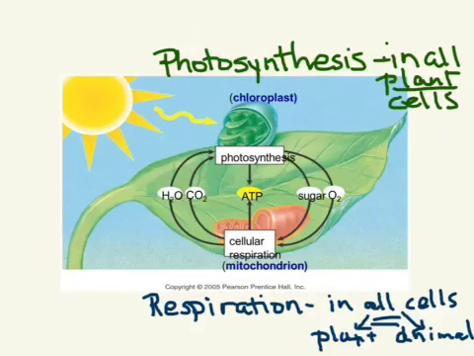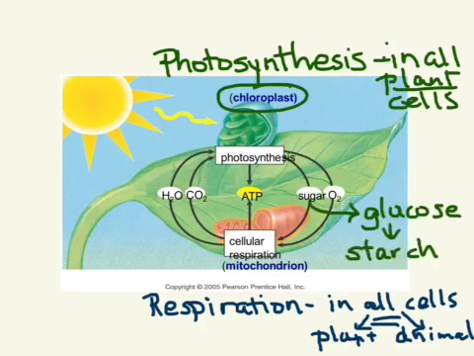So, photosynthesis takes place in all plant cells within the chloroplast, and it makes a sugar that's called glucose. That is a form of starch, and it also gives off oxygen, which leaves through the leaves.